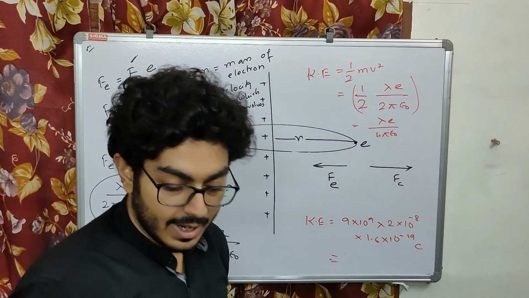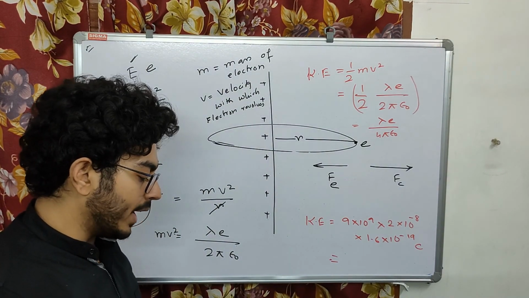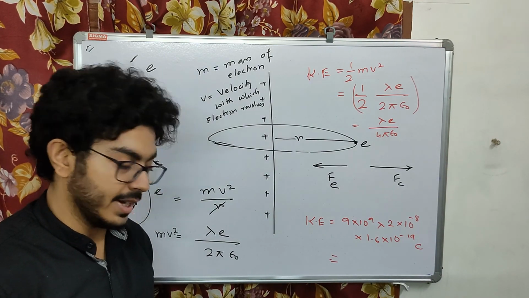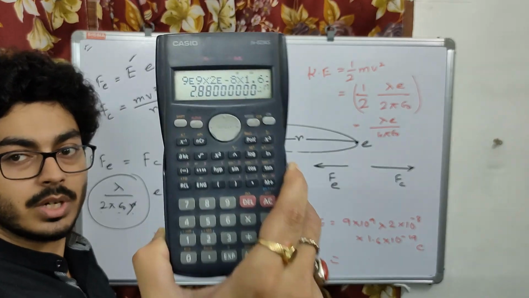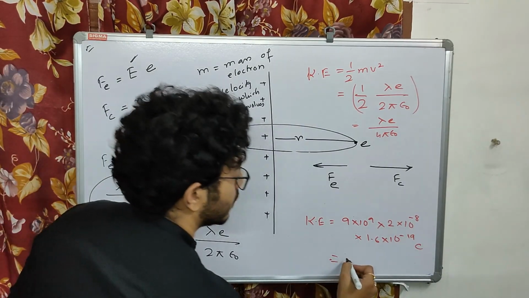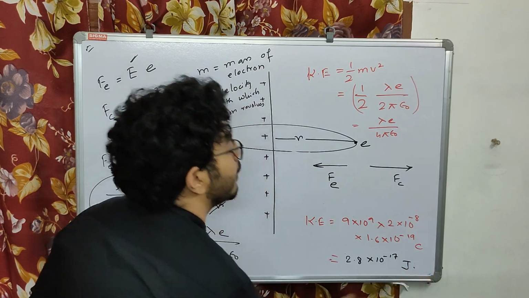It is 2.8 into 10 to the power minus 70 joule.